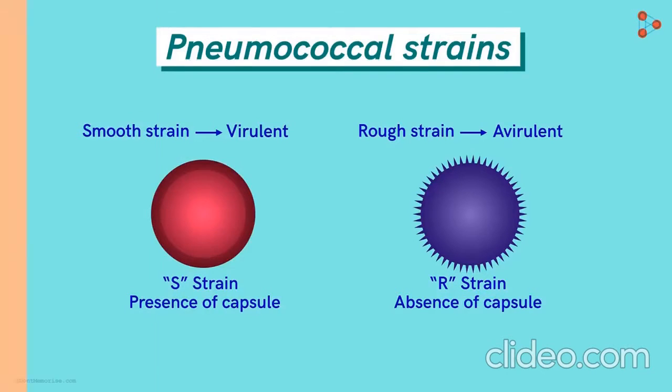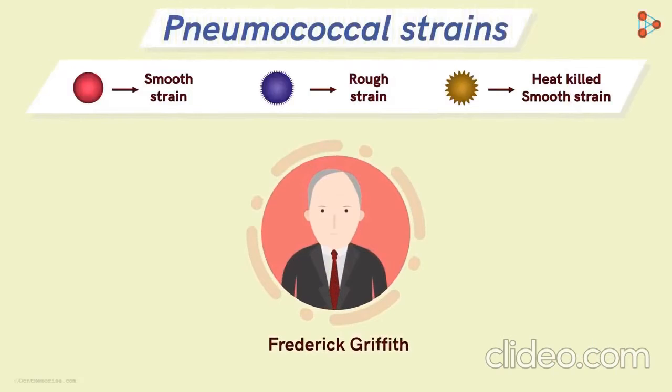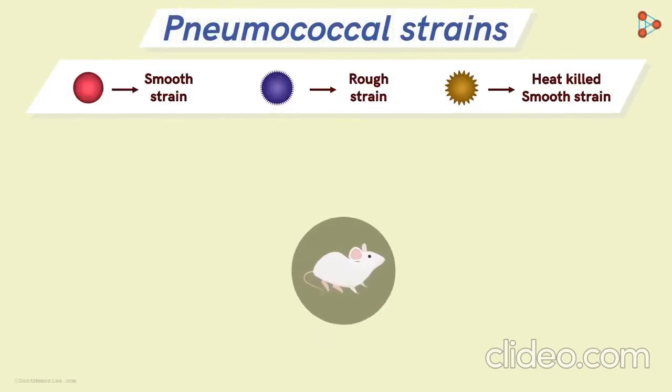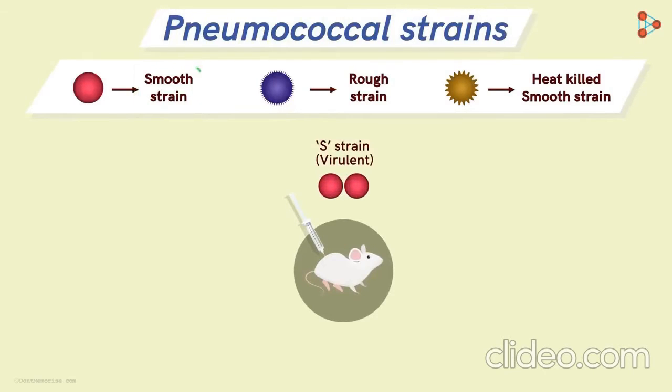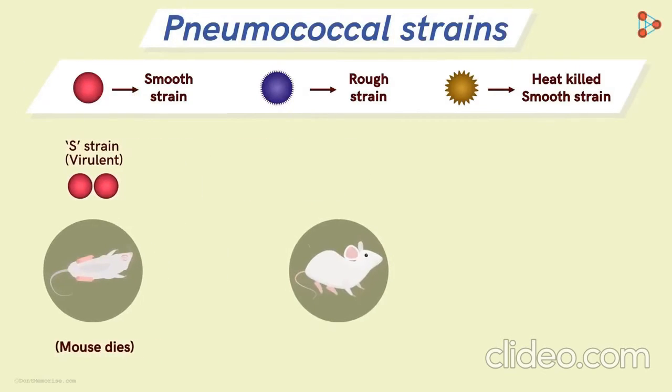Now getting back to Griffith's work, let's see what experiment he exactly performed. He first injected a mouse with the smooth strain of pneumococci. As expected, the mouse died. Similarly, on injecting another mouse with the rough strain, the mouse survived.